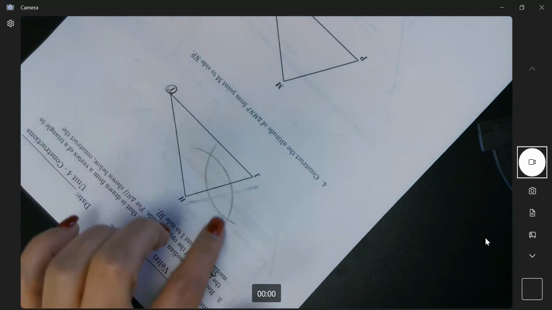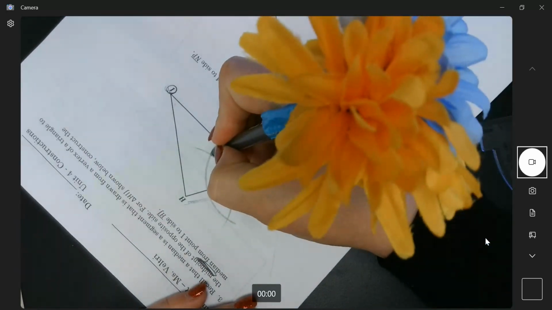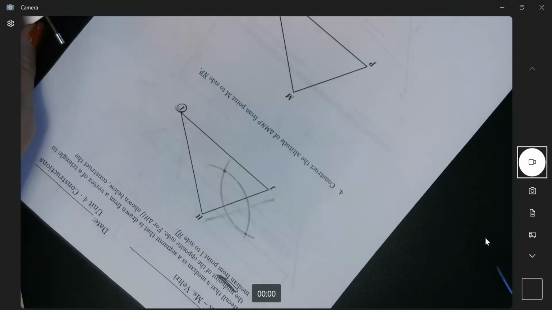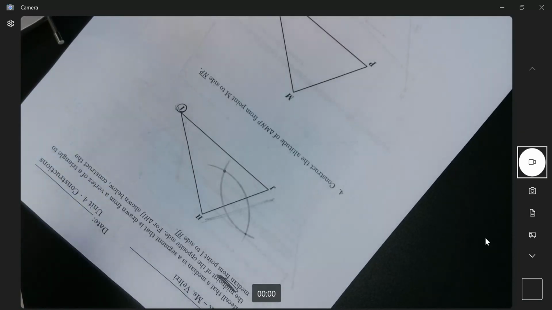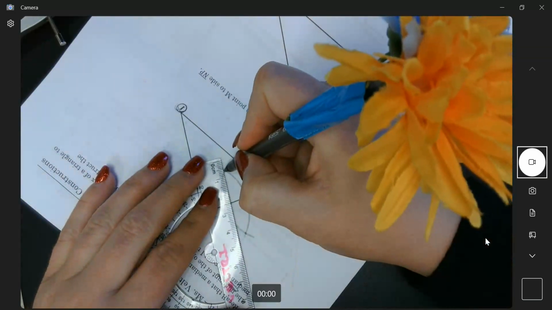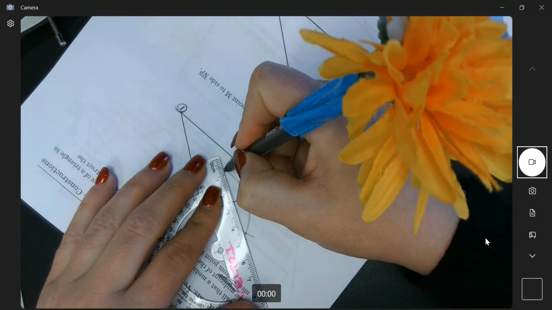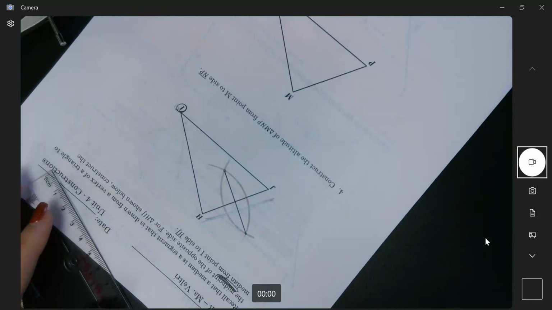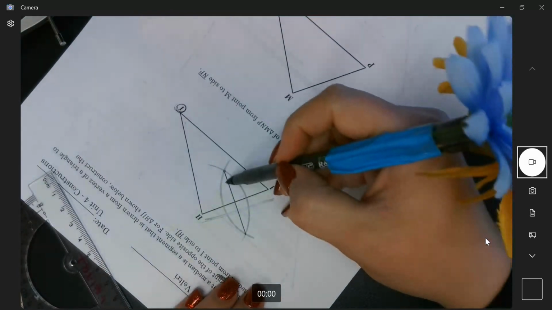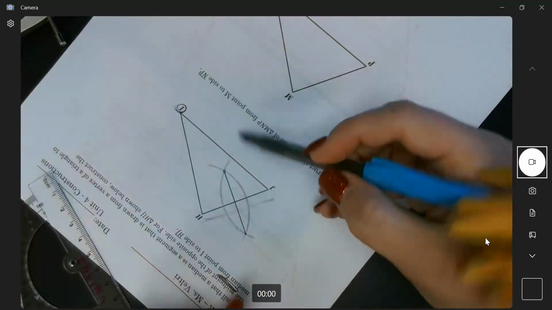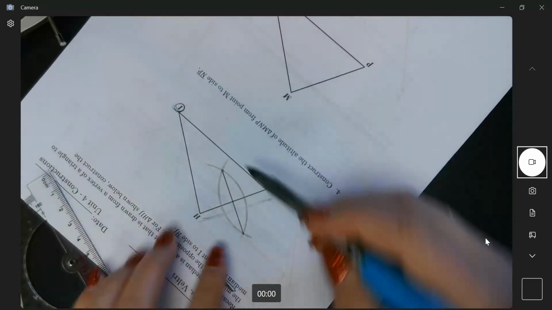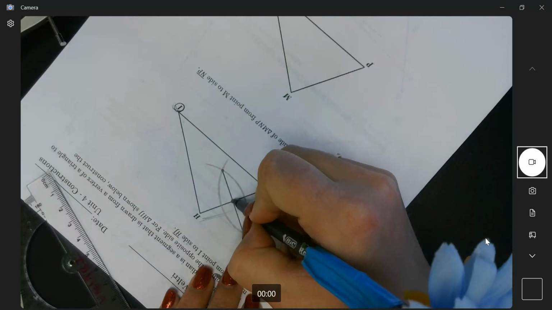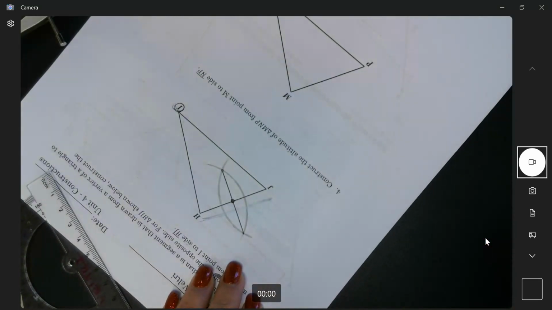Okay. So I have these two points here that I'm going to make a little more pronounced so that I see them better. Now I'm going to take my ruler, or your straight edge, and connect these two points together, just like that. Where this perpendicular line, which is a perpendicular bisector, is crossing over side HJ is right here, and I'm going to make that point.